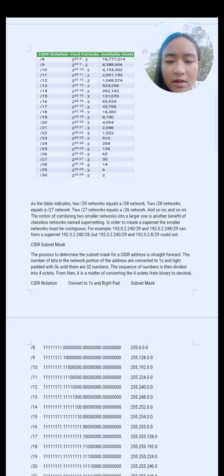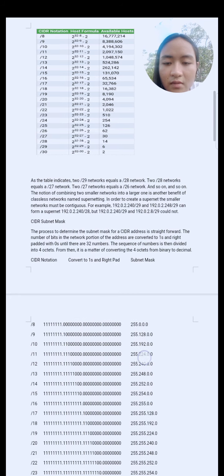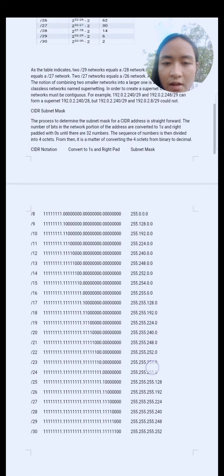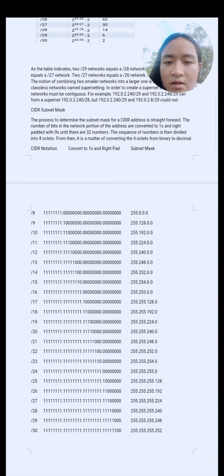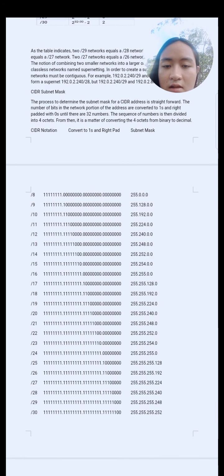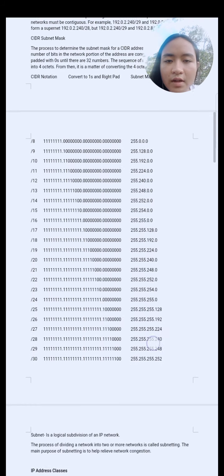From there, it is a matter of converting the 4 octets from binary to decimal. So we also have an example here. We have the CIDR notation, and then the conversion to 1 and right-pad, and then the subnet mask.